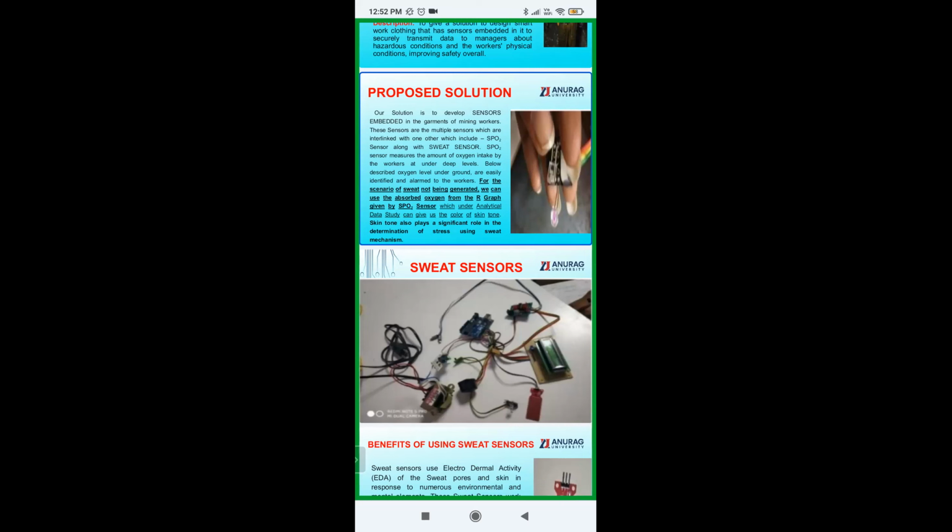Depending upon the values of the R graph generated, we can determine the absorption of the oxygen, that is, whether the person is able to take in the oxygen up to the correct amount or not when the sweat is not generated. So we have worked on both the mechanisms.